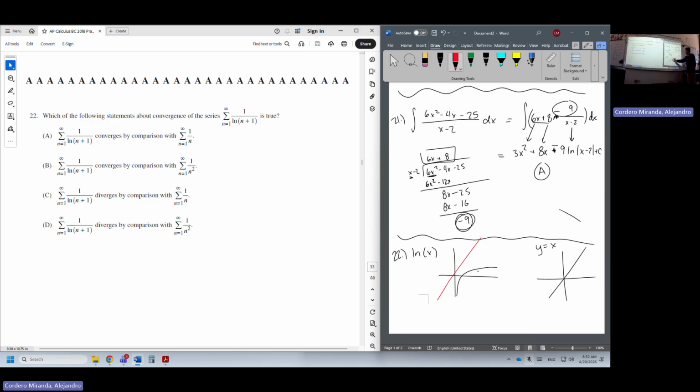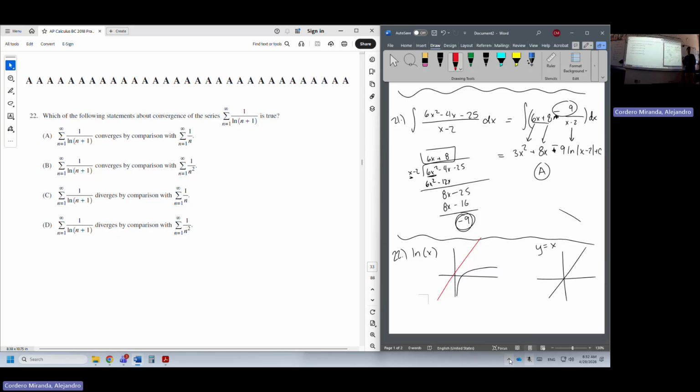In other words, x gets bigger than natural log. So 1 over x is smaller than 1 over natural log of x plus 1, whatever. So it has to diverge by comparison with 1 over n, the harmonic series.